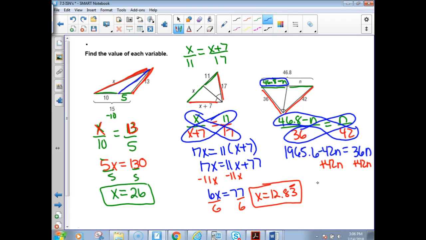So now I bring down my 1,965.6, and that equals 78n. All the numbers don't always come out beautiful. Okay, so when you divide it by 78, you get 25 point what? 2? All right, here's the value.